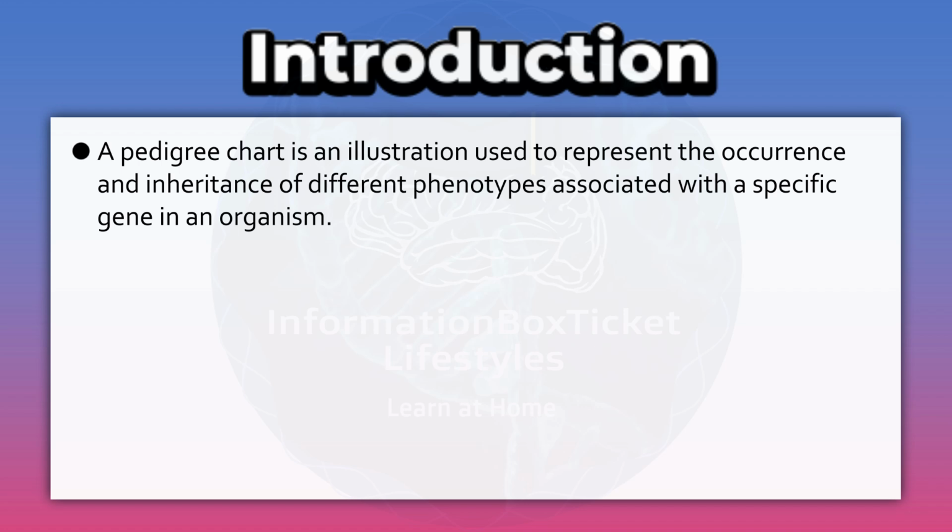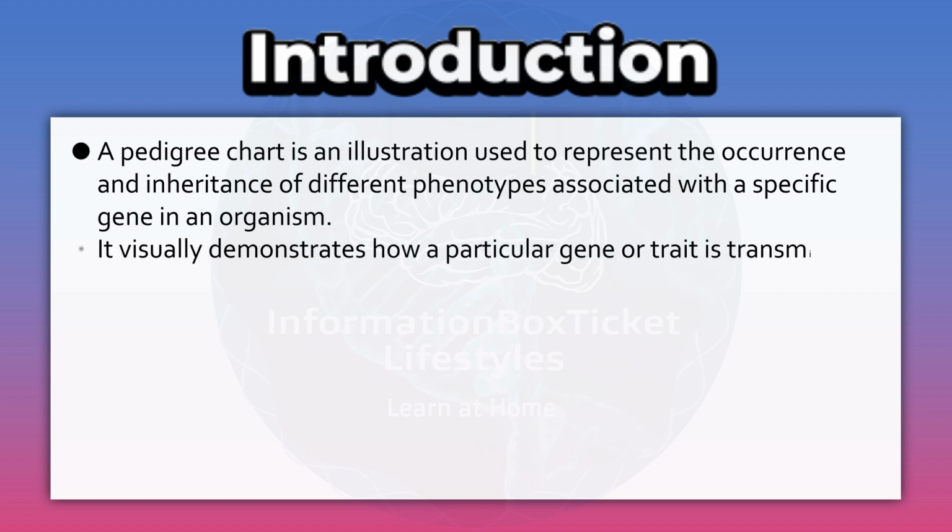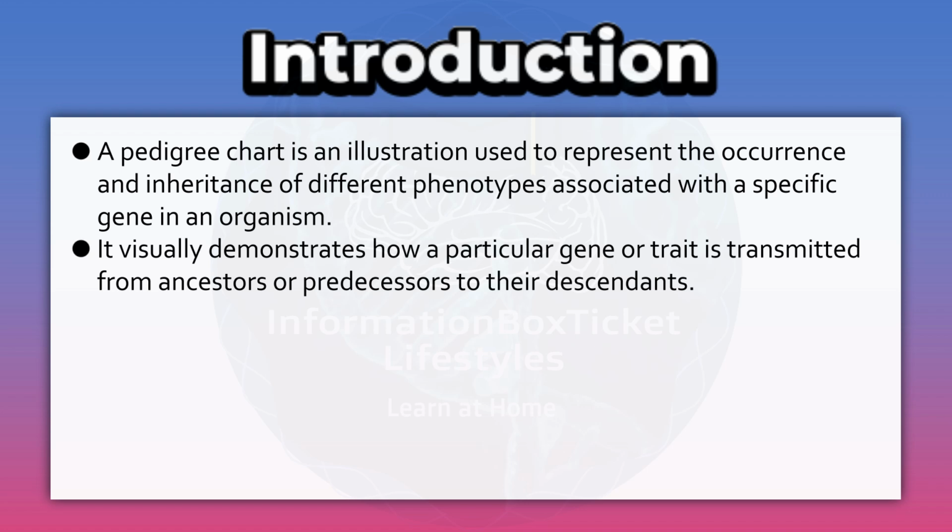A pedigree chart is an illustration used to represent the occurrence and inheritance of different phenotypes associated with a specific gene in an organism. It visually demonstrates how a particular gene or trait is transmitted from ancestors or predecessors to their descendants.